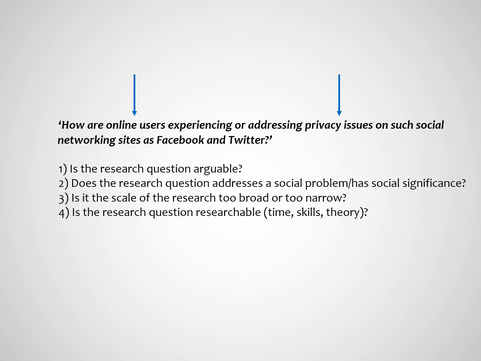Then we fine-tune into where this relation is being addressed. In this case, Facebook and Twitter, but it can also be in other websites or forms of internet engaging. So you have here a connection between 2 variables, online users and privacy issues.